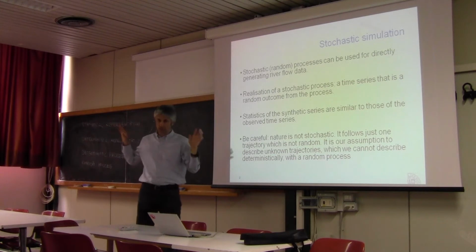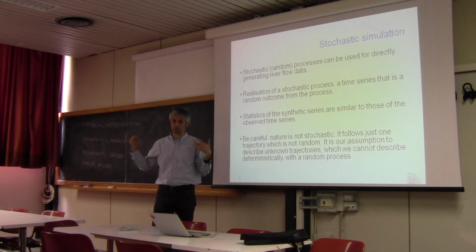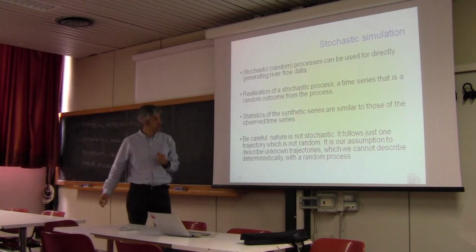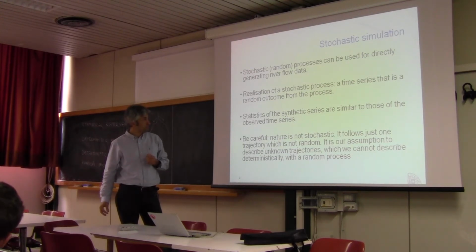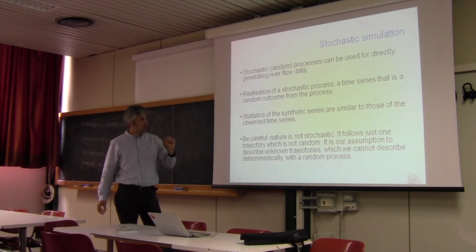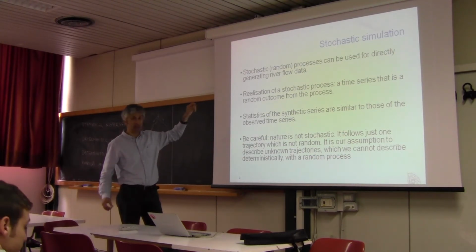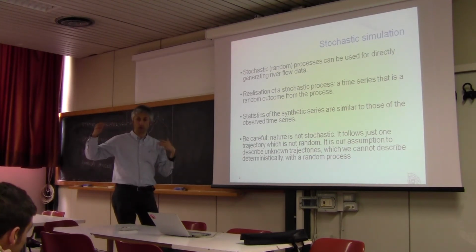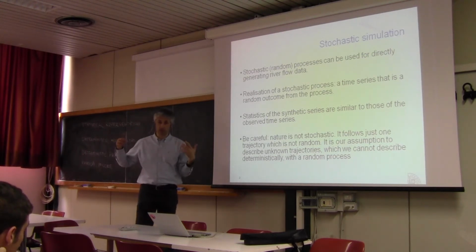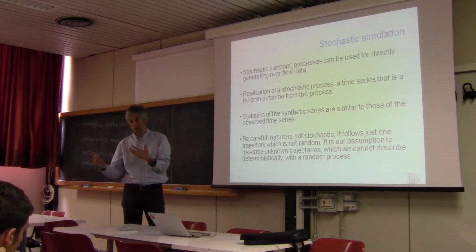Let me define it just as a synonym of random process. Okay? Now, the process is, as I said, the underlying phenomenon that we want to model, and we use the term process also to identify the mathematical model, so the statistical model.